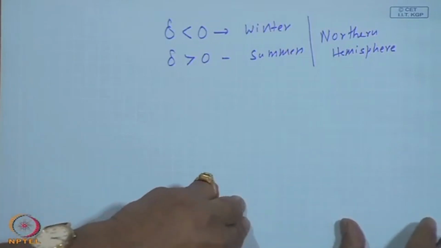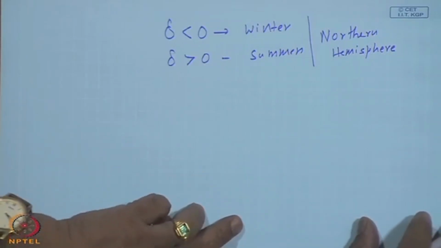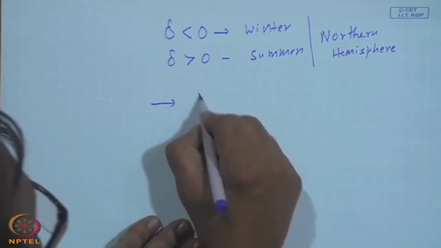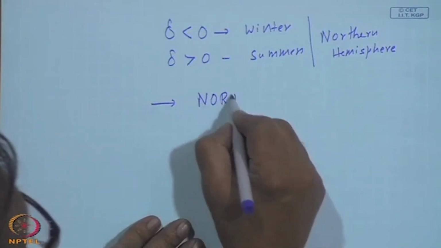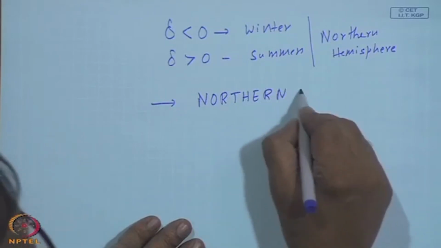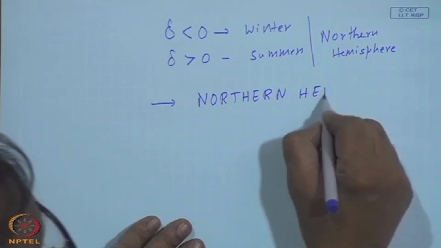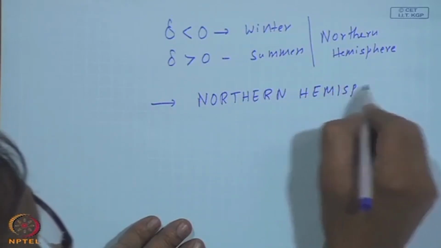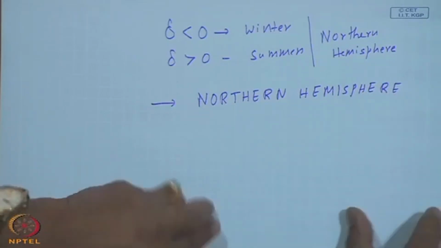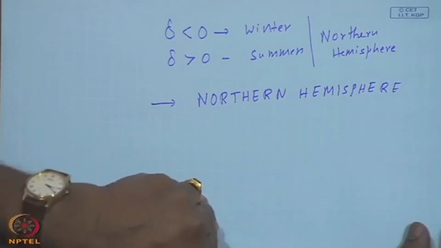Throughout this course, unless otherwise specified, we shall deal with the northern hemisphere only. The signs will be different, but one can easily rewrite the appropriate relations for the southern hemisphere also.